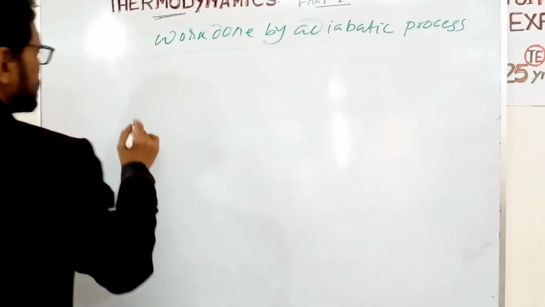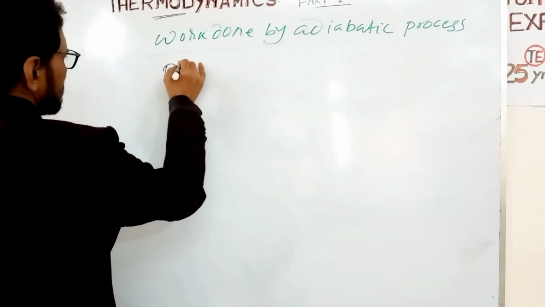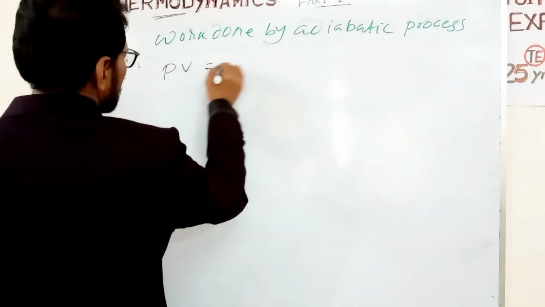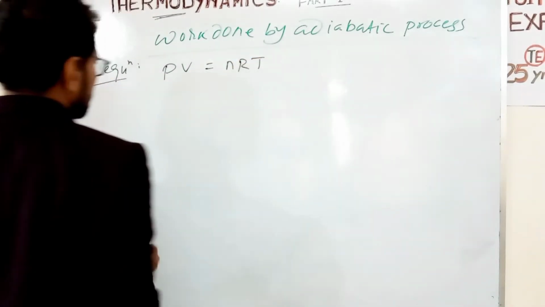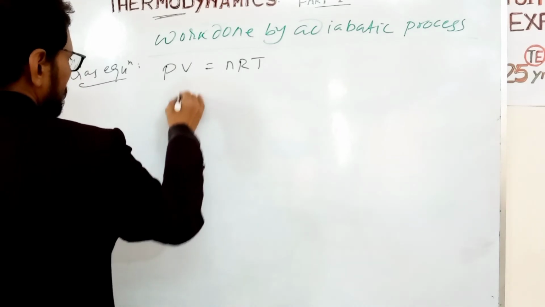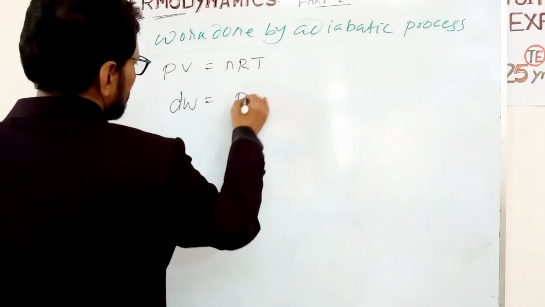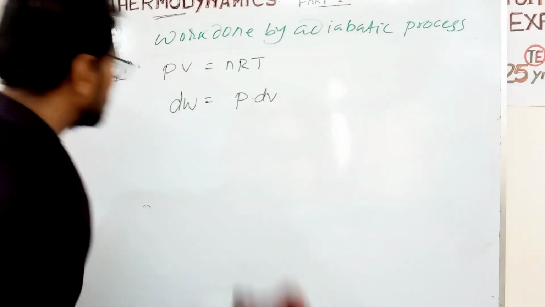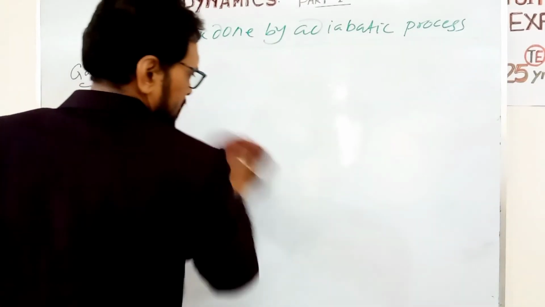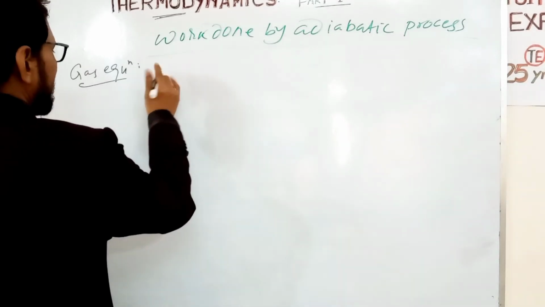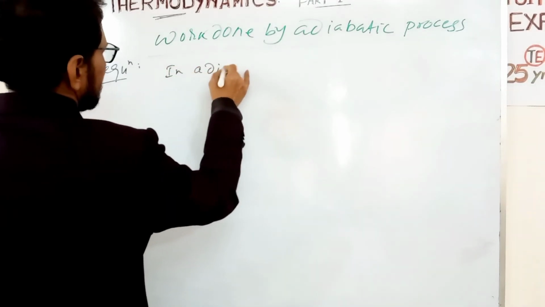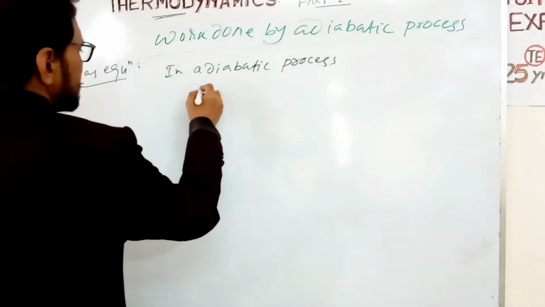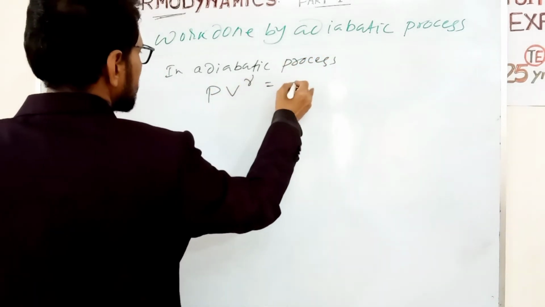Now, the work done by the adiabatic process. The gas equation is PV equal to nRT, and dW equal to P dV. In the adiabatic process, the gas equation is P V to the power gamma equal to constant.